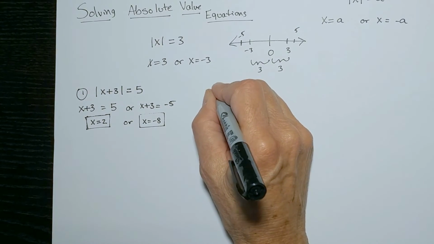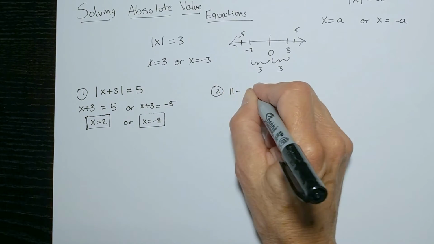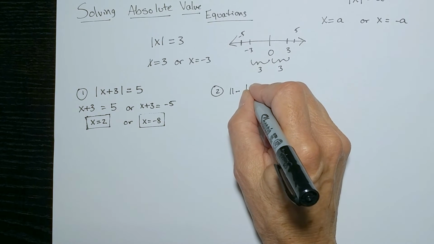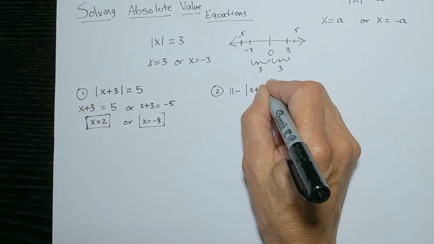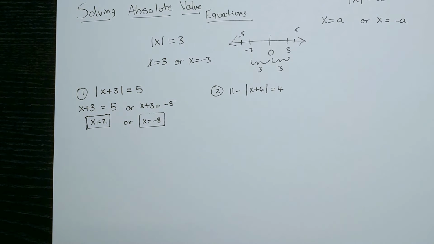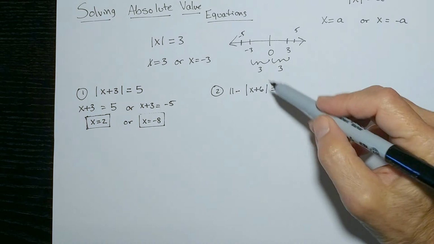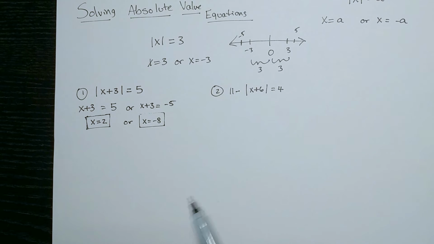Example number 2, let's look at this equation. What if they give us 11 minus the absolute value of x plus 6 is equal to 4? Okay, let's solve this one. We're not ready to apply the rule right here yet because the first thing we have to do is isolate, or get it by itself on one side of the equation, the absolute value expression.